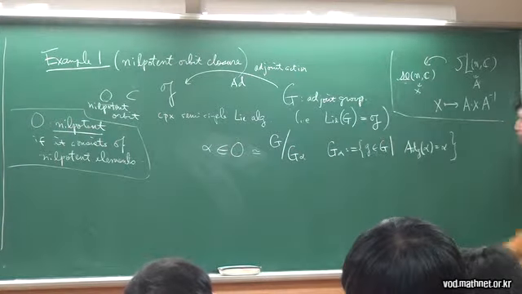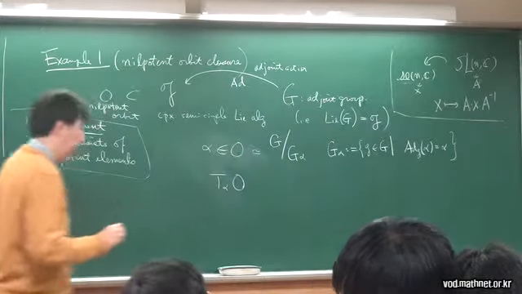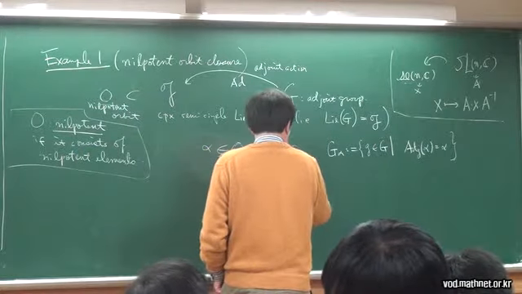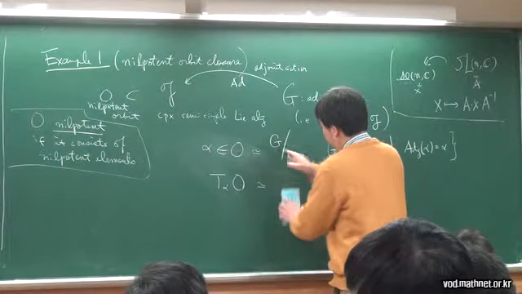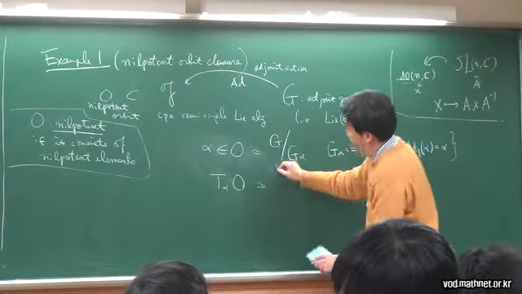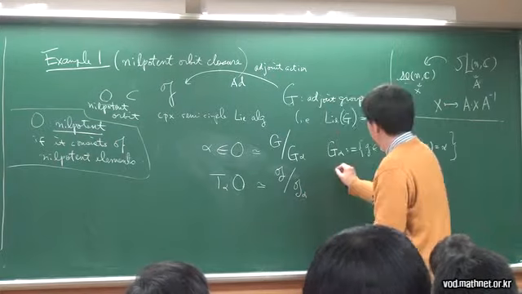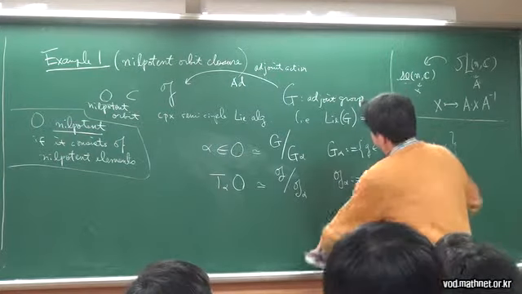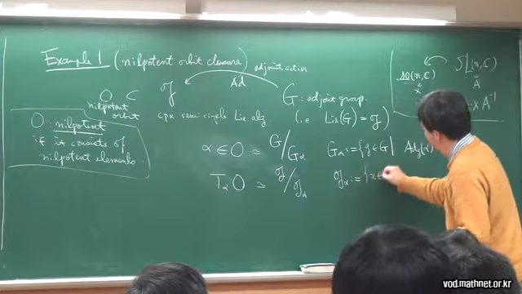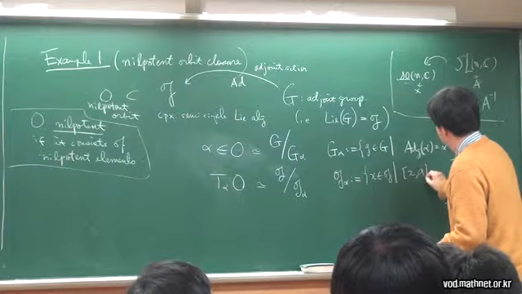Here, take the tangent space at alpha. It is naturally identified with the tangent space of G mod G_alpha. This is nothing but k modulo k_alpha, where k_alpha is the Lie algebra of G_alpha, consisting of the elements X with [X, alpha] = 0.